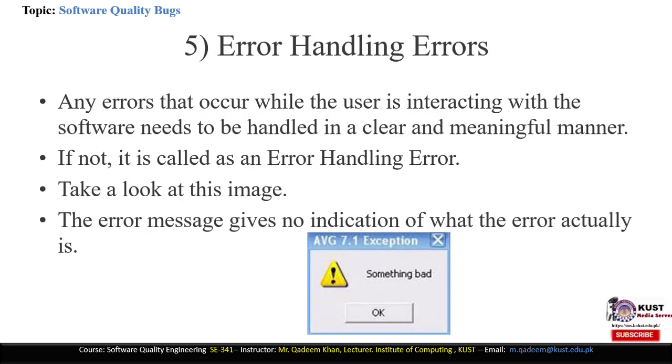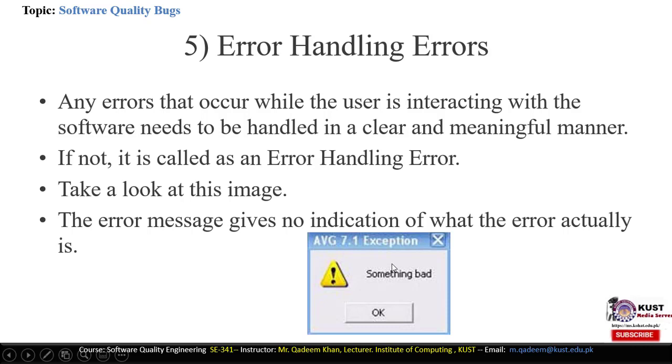Take a look at this message here. You can see that in this message there is a certain text, "something bad", and then OK. So what is something bad here? There is no specific information about the error, for example that the database is not working because the database has some bugs, or that the file is not accessible because the file is not in read mode.